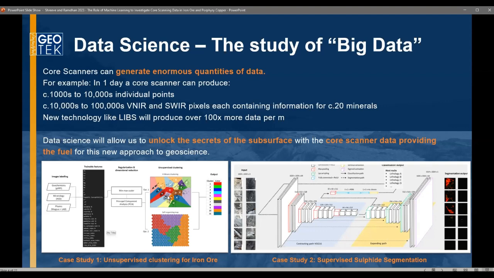Core scanning data is the fuel for this new approach to geoscience, because it's consistent, it's objective, and it allows us to use these data science techniques to really unlock the secrets of the subsurface. We're going to show you two examples where we've used data science techniques, one in an unsupervised exercise for iron ore, and one for a more supervised exercise in sulfide segmentation using images.